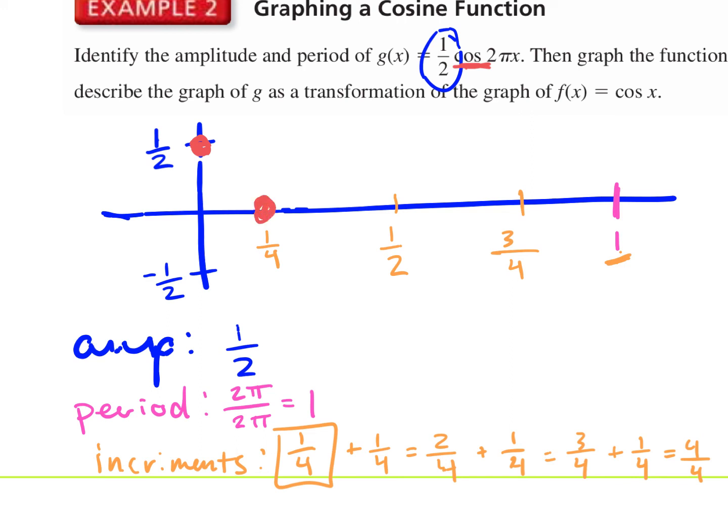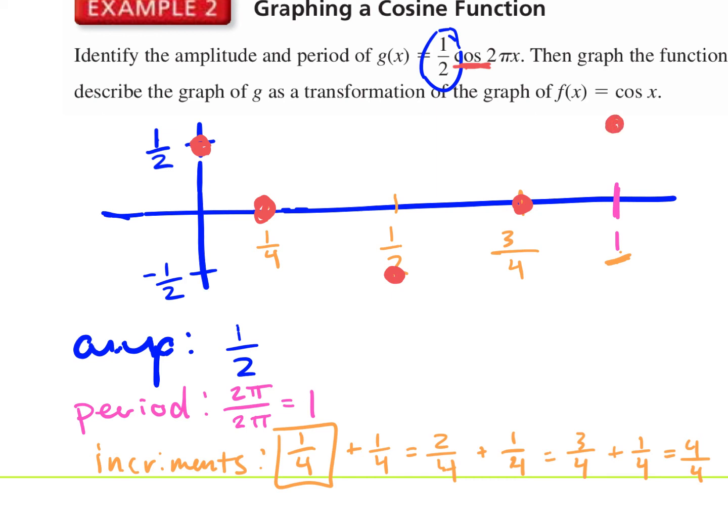Where should we go next? Awesome. We go back down to -1/2. And then where? Go back up to 0.